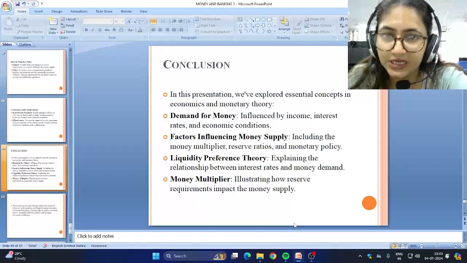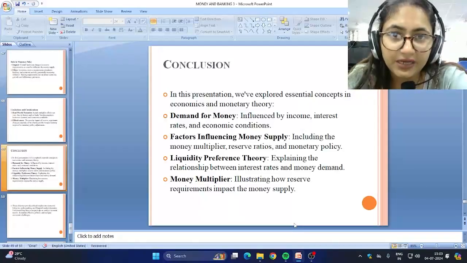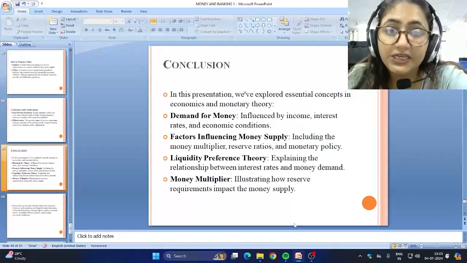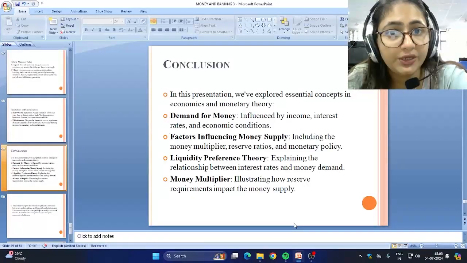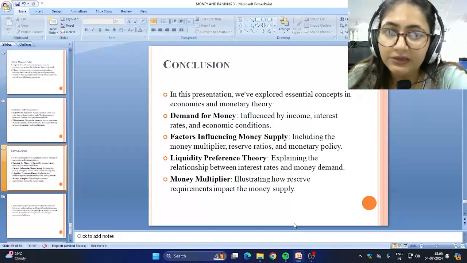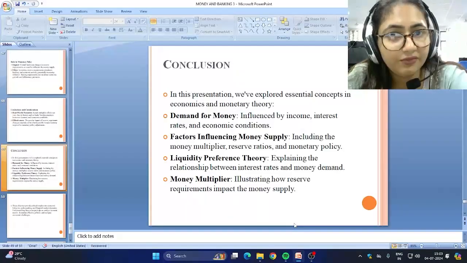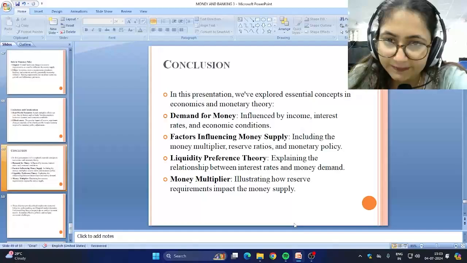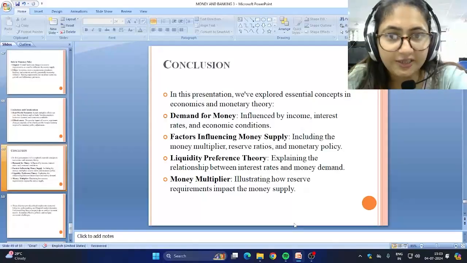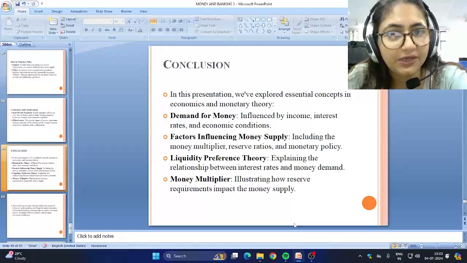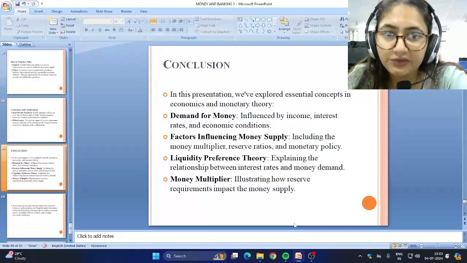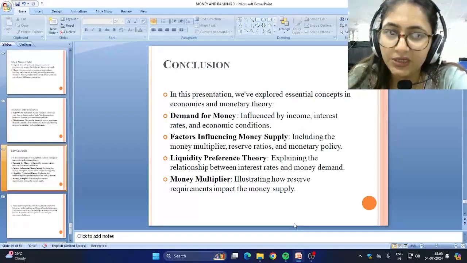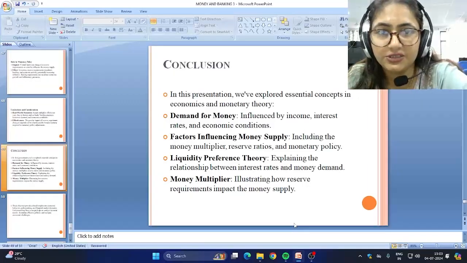We have also discussed the liquidity preference theory explained by Maynard Keynes. This theory explains how interest rates are determined by the demand for and supply of money. The theory highlights the inverse relationship between interest rates and money demand. This is crucial for understanding investment behavior and monetary policy decisions.